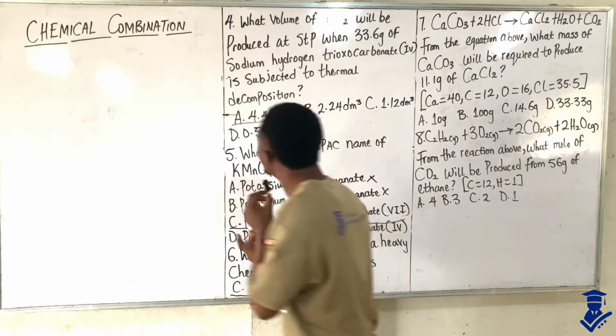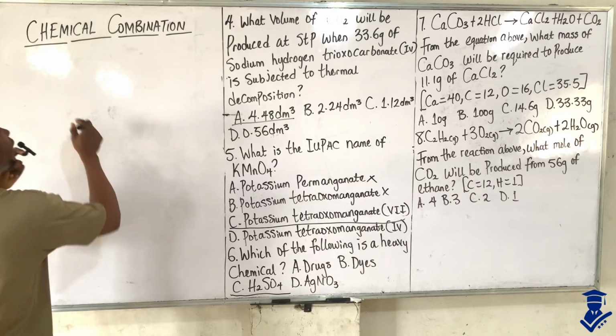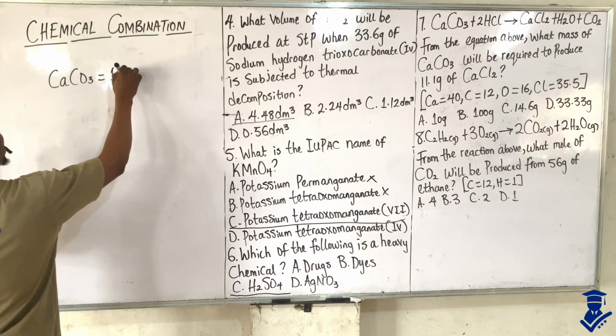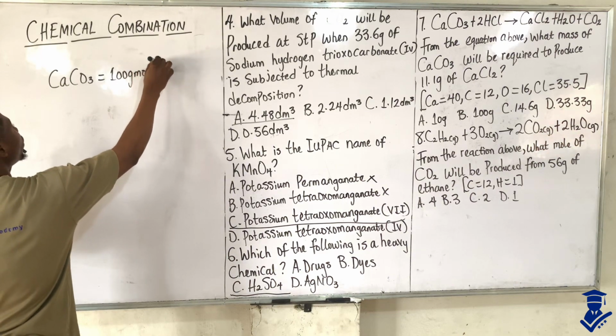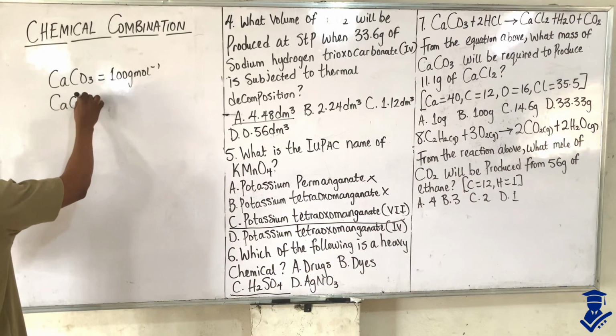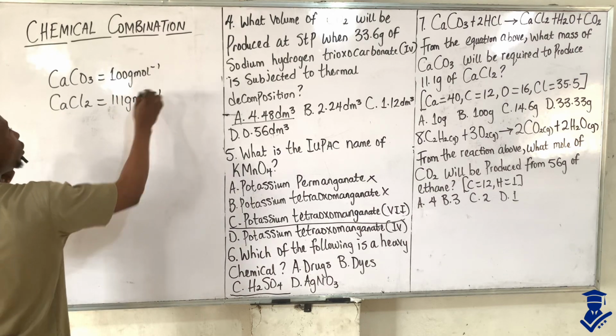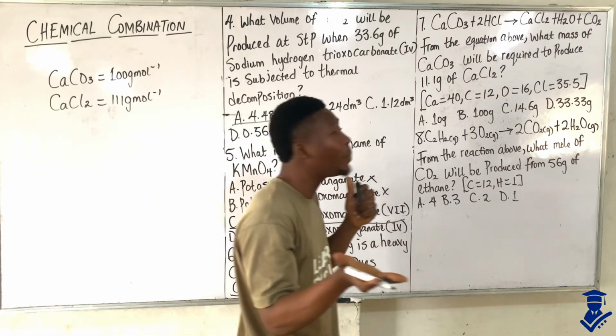How do we solve this very quickly? The molar mass of CaCO3 is 100 gram per mole, and the molar mass of CaCl2 is 111 gram per mole. Now let's check, is the equation balanced?